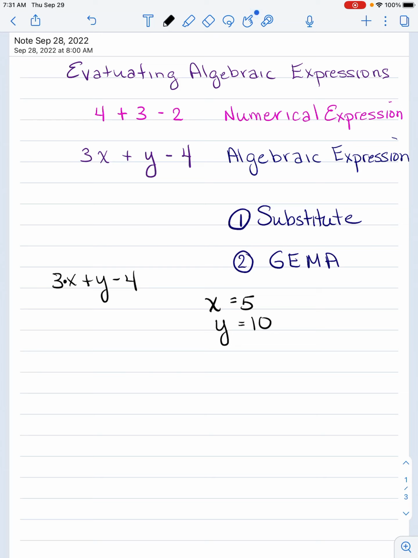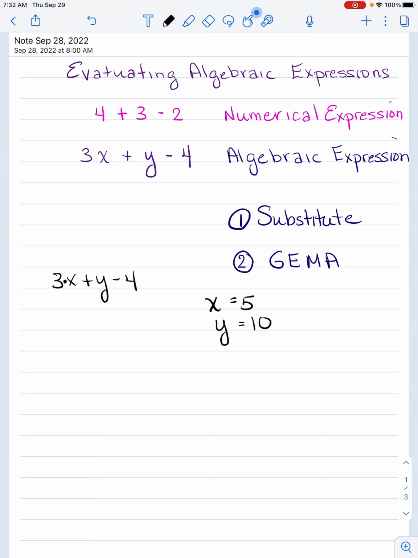If you have something like our first example, 3x plus y minus 4, you cannot evaluate that expression unless you are given the values for x and y. And it will never be the case where you are not given the values.